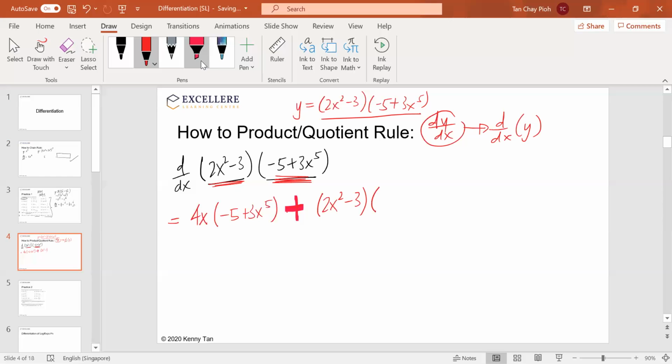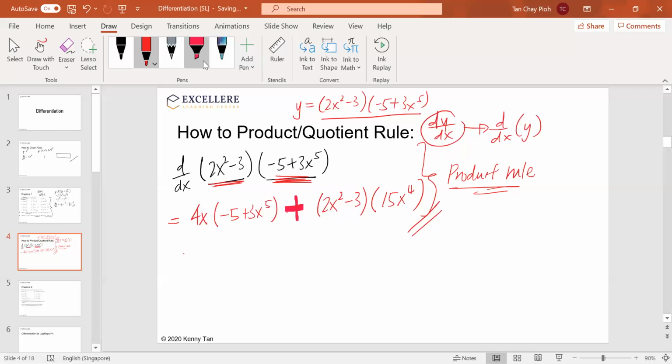Exactly. Multiply by 15x to the power of 4. And there you go. Do you not do divide by something? No, that is under quotient rule. So this whole chunk here is product.